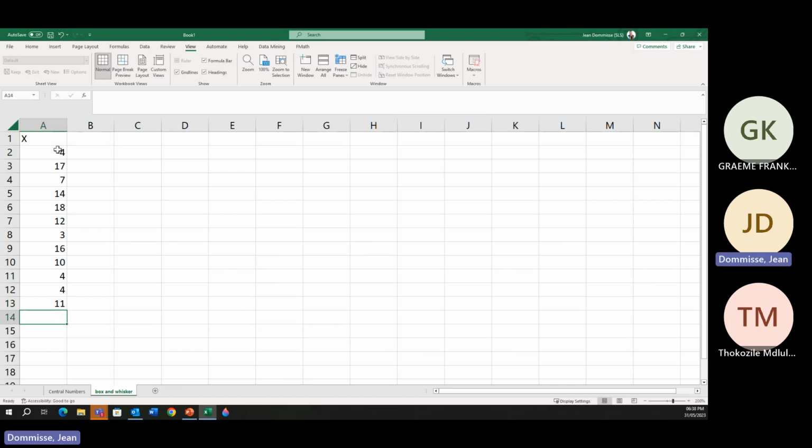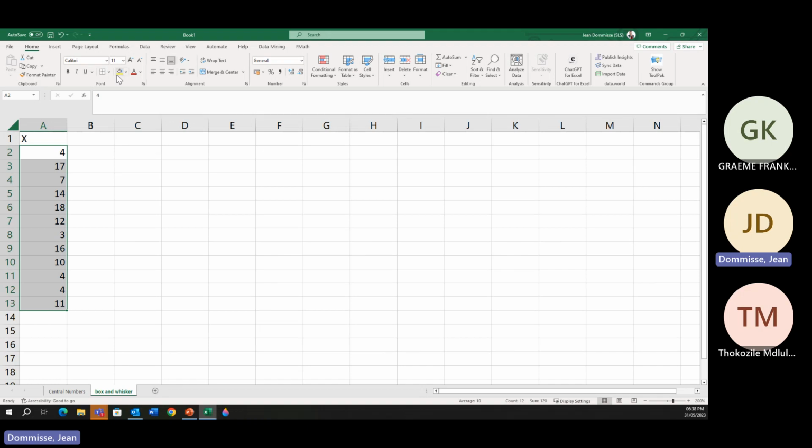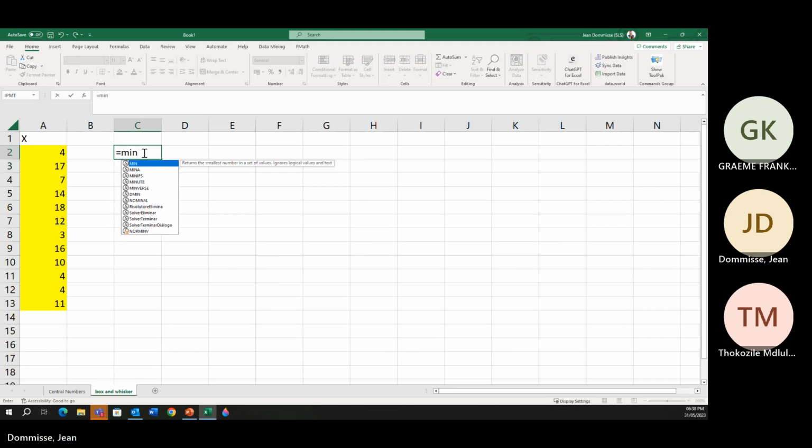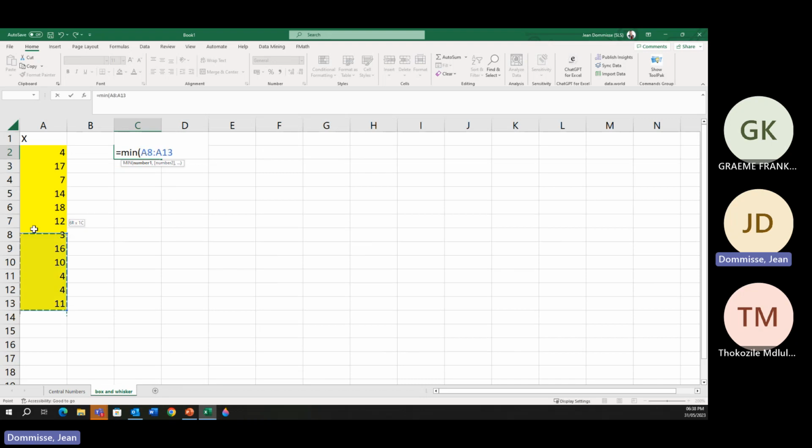Okay, there's the set of data. Again, if we work in Excel, we don't need to order that. With the functions in Excel, we can get the minimum of that. We said it's 3. Let's just make sure it is 3.